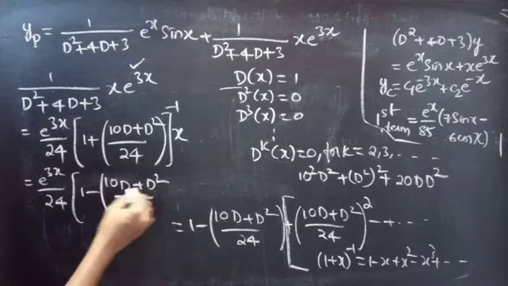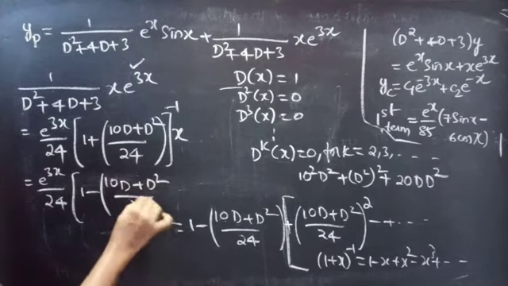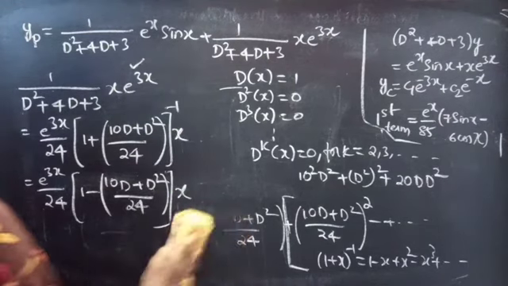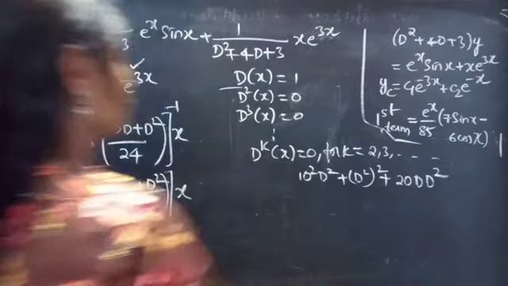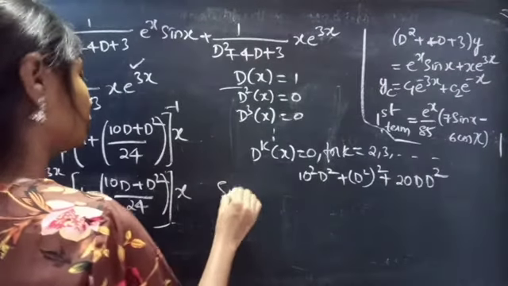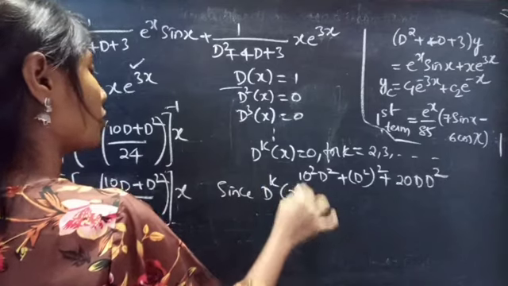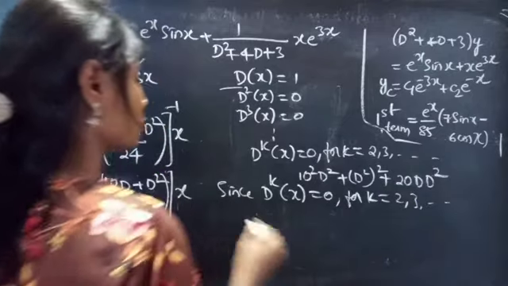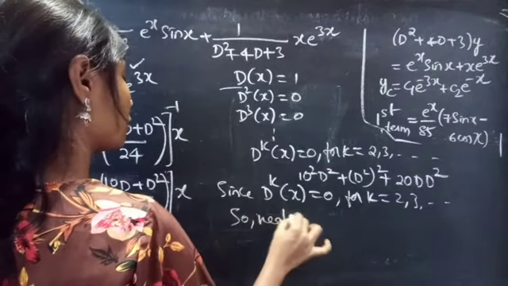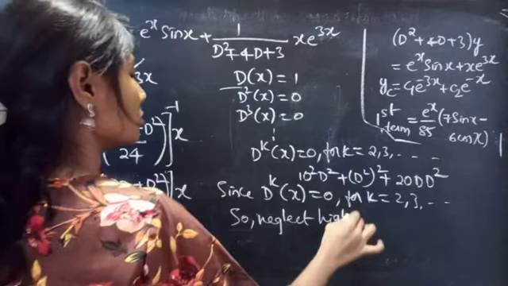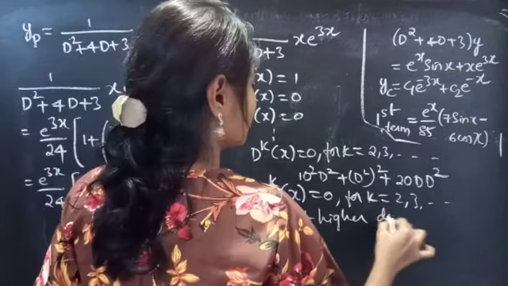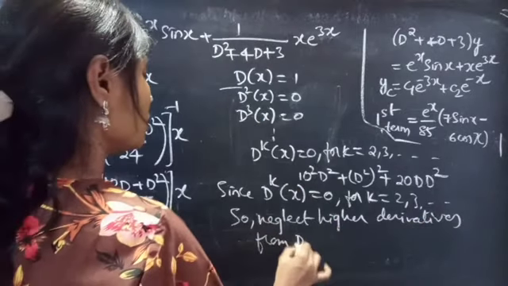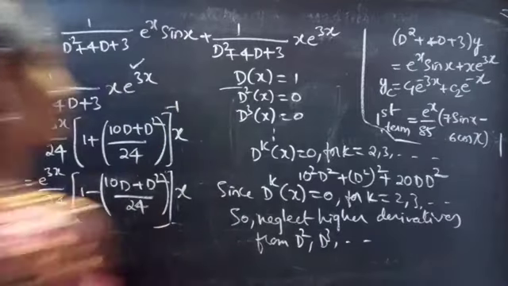1 minus (10d plus d square) by 24 into x, right? Since d power k of x is 0 for k equals 2, 3 and so on, neglect higher derivatives from d square, d cube and so on, right?